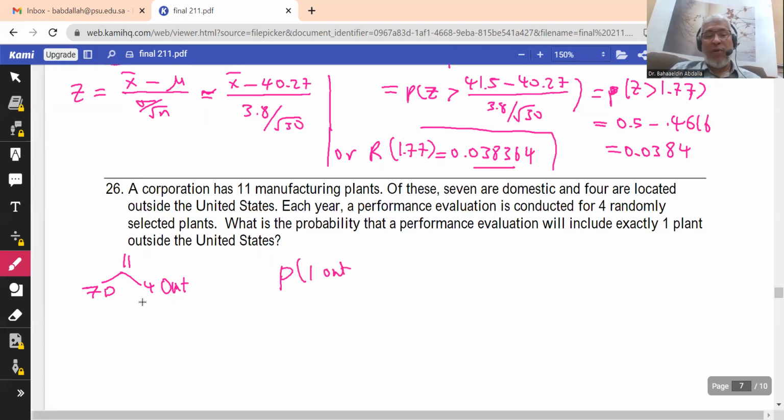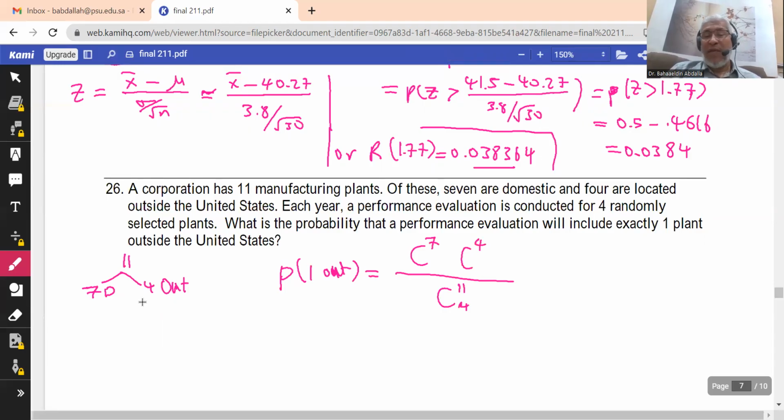So the probability of 1 outside would be, I have C, again, hypergeometric distribution. I have 11, and I'm going to choose 4 randomly, since the evaluation is conducted for 4 randomly selected plants. Those 11 are divided into 7 domestic and 4 outside.